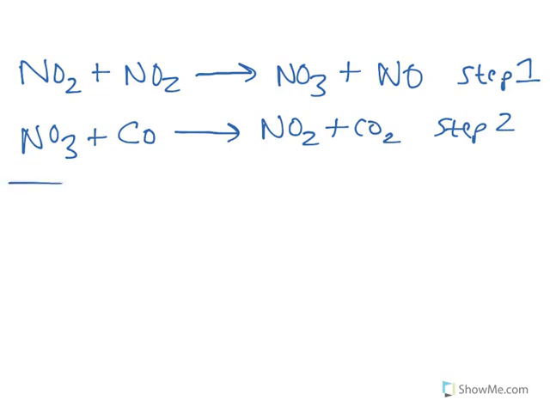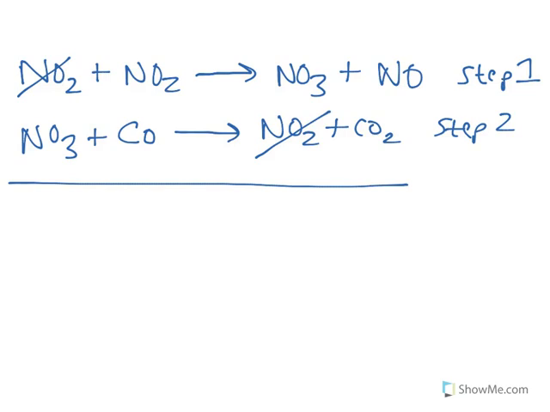What we can do is add these 2 equations together, just like you would the ionic equations that you did in Chemistry 1. If I look on the left side of step 1, anything that appears on the right side in step 2 will get canceled out. So I have an NO2 here that will cancel out with an NO2 here.